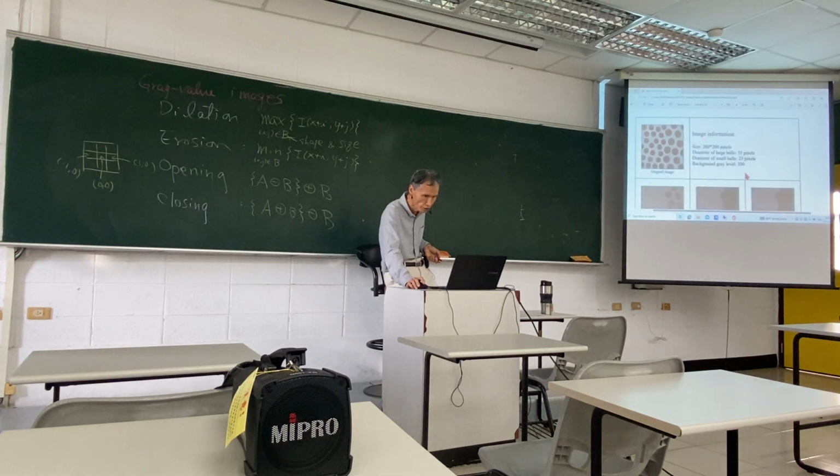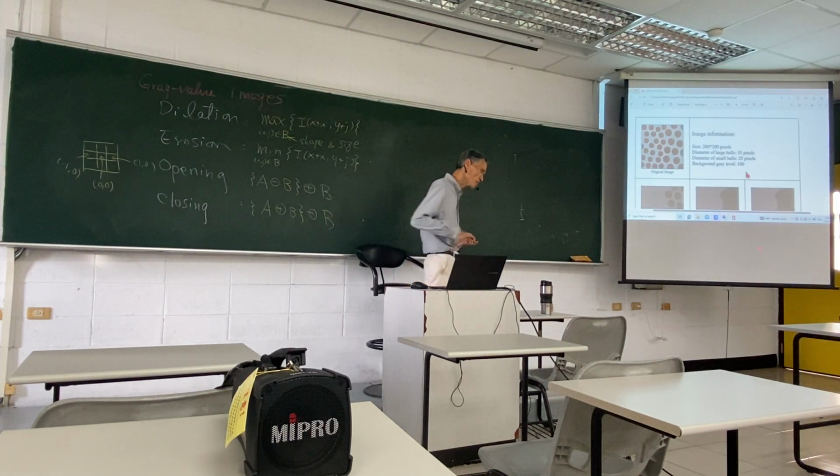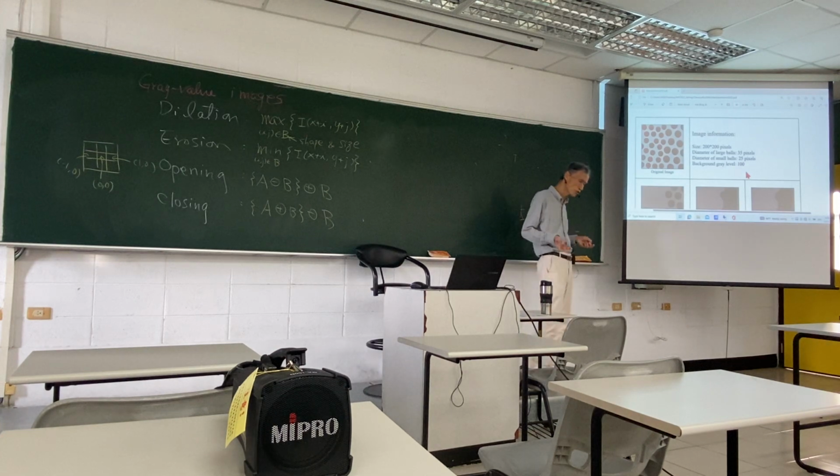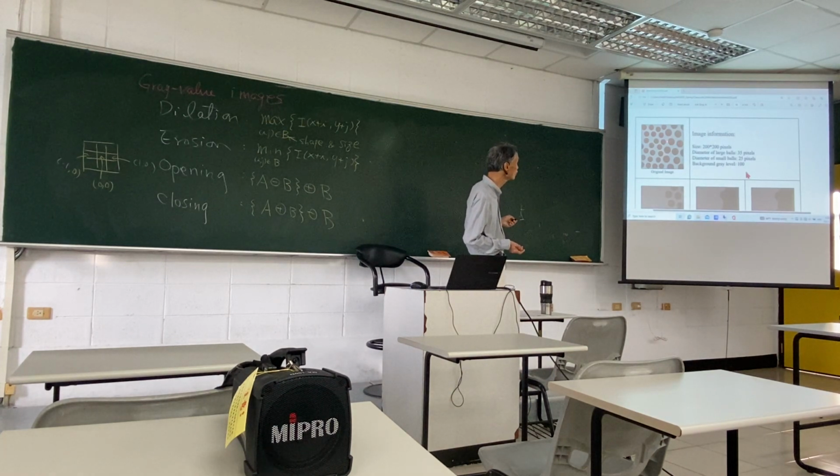Let me go through it. We spend too much time on it. This is for texture analysis. I keep saying that to apply morphology, you need some prior knowledge. For this case, suppose the diameter of the large ball on the right is 35 pixels. 直径35.